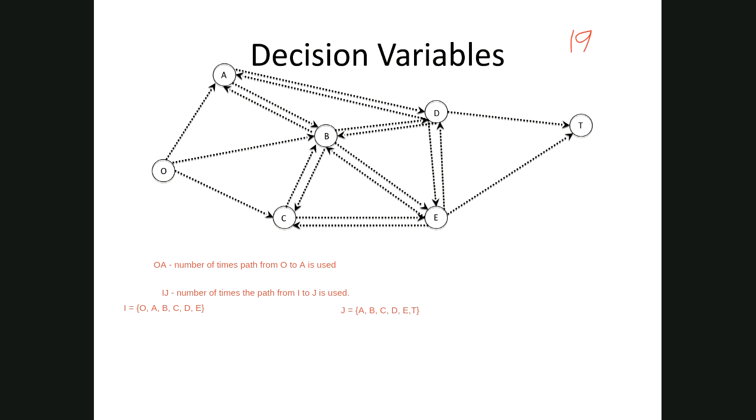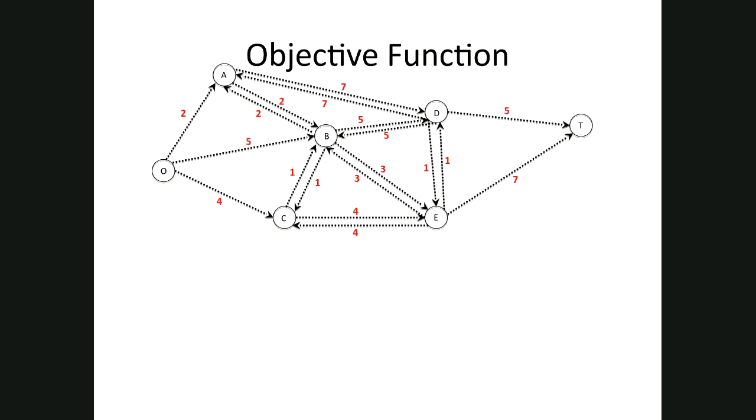All right, so now we're going to look at our objective function. Now you'll notice that each one of these decision variables has an associated distance with it. And just like before, let me remind you, this is the shortest path problem.